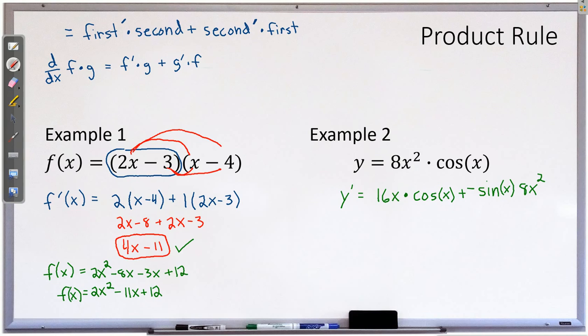So we took our derivative and now we can probably simplify this a little bit. I see an 8 in common with these two terms and an x, so I'm going to factor out an 8x. And what will be left is 2 cosine x, minus, and I'm going to put the x's in front, an x sine x left over.